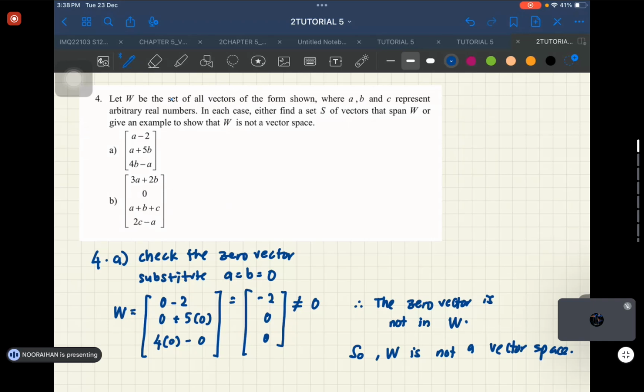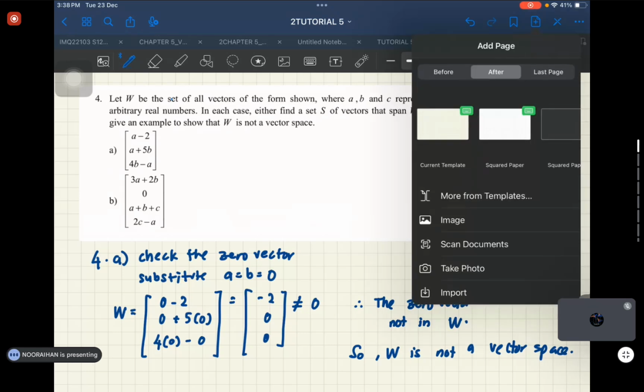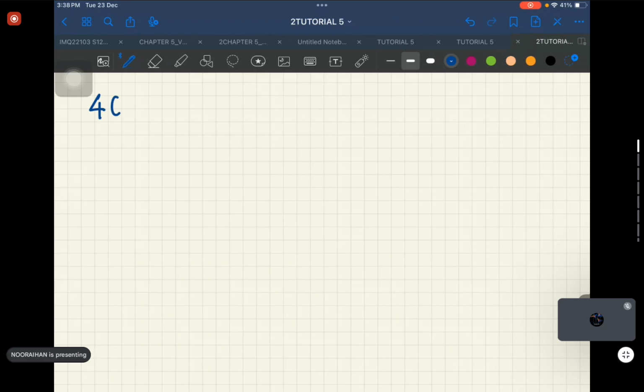Okay, let's look at question B. This one is not about checking rules. It asks us to express W as a span. So you have (3A plus 2B, 0, A plus B plus C, 2C minus A).